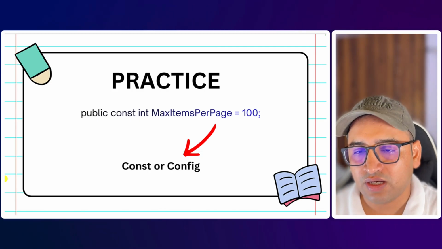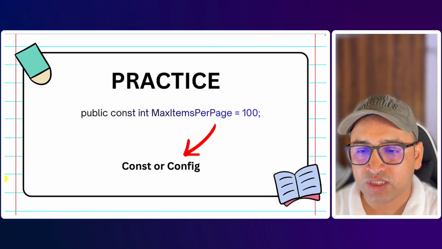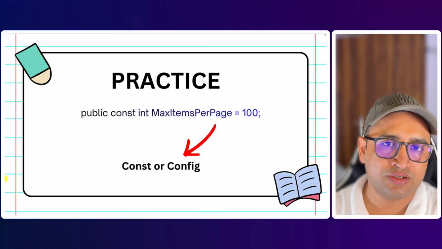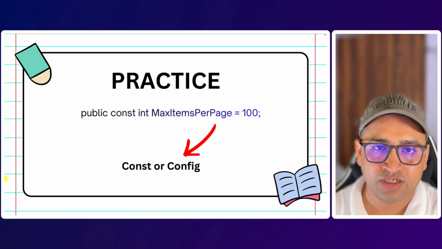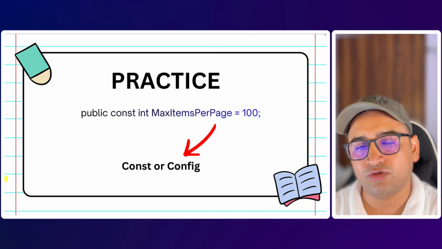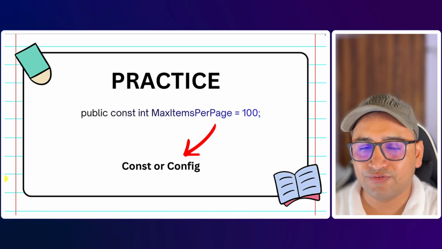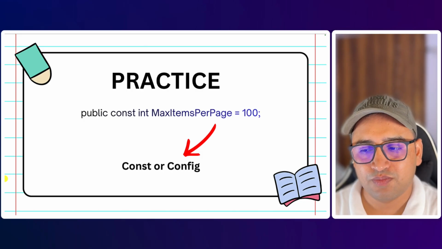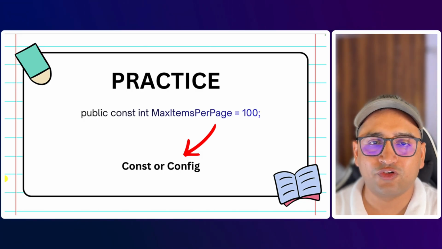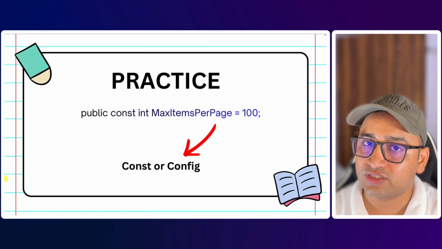But I have worked with some developers who say, hey, let's go with 200 records in the dev environment, but in staging or production, because data is heavy, let's go with 50 records per page. So in that scenario, if you want to change these kinds of things, then you can go with the configurations. But whatever is the need of your application, based on that you decide these things.